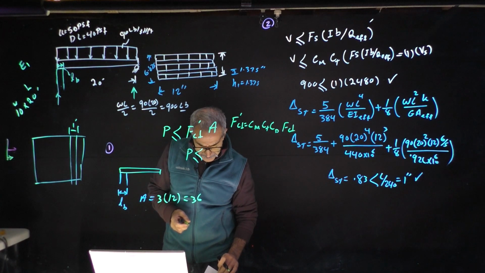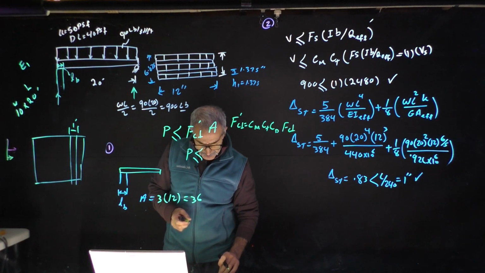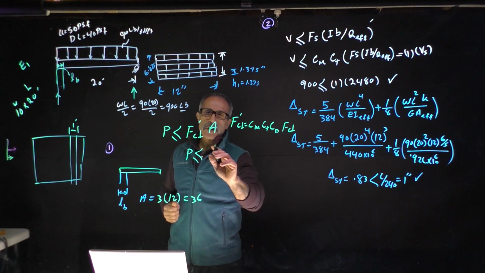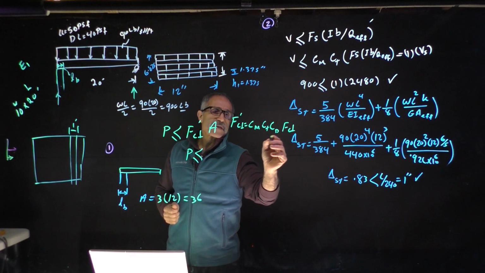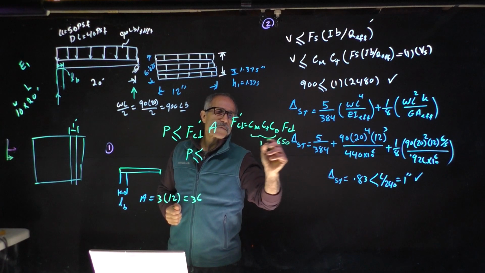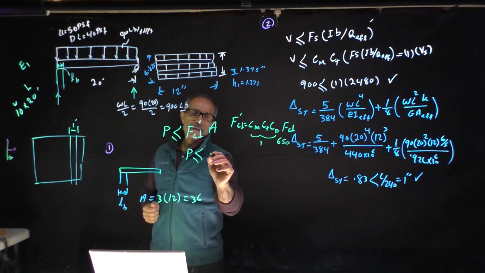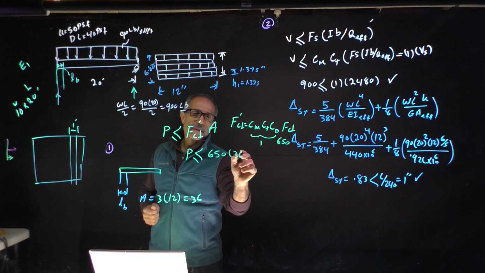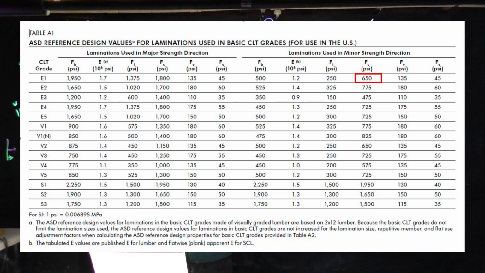Yeah, 650, so we're going to use 650 for that. Then we have 650 multiplied by 36, and that's a large number.